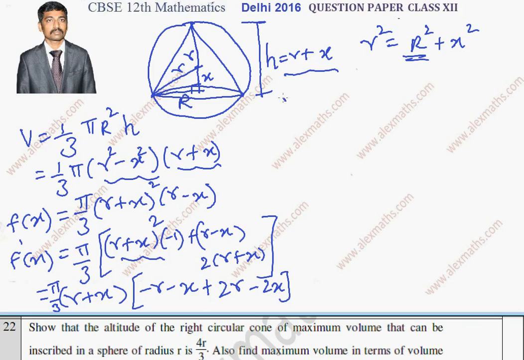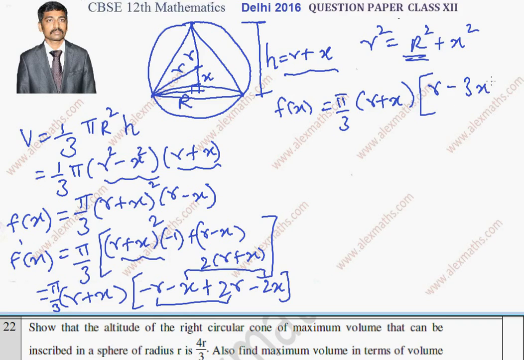Simplifying this, we get f dash of x is equal to pi by 3 into r plus x, and the remaining term is r, and minus x minus 2x is minus 3x. We have to equate to 0, so x is equal to minus r and x is equal to r by 3. Anyway, minus r is not possible because x is a length, it cannot be negative.